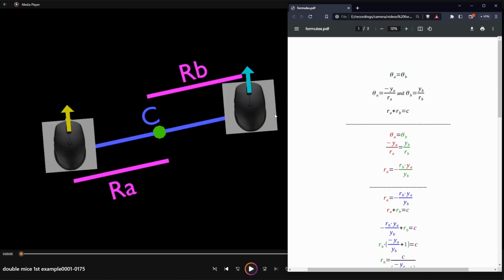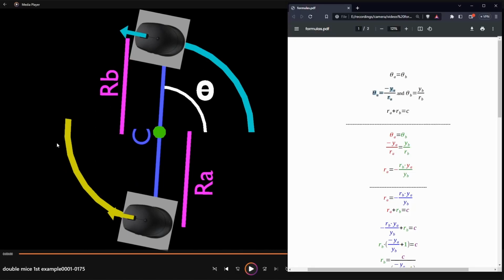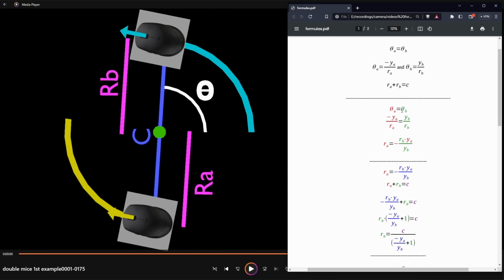And then, as we said earlier, theta A can be calculated by the negative of the YA distance divided by RA. And theta B is just the B arc length divided by RB. And we've already stated both these things. And then the last thing I mentioned was that the C distance is just RA plus RB. So that's all that this formula is saying.